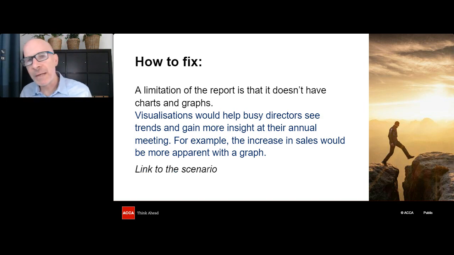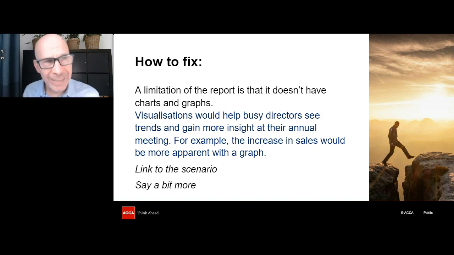So you must link to that scenario. Make your point, just say a little bit more. One thing that helps my students, when you go into that exam, just imagine that it is a business simulation. Imagine you're going for a job interview at an international management consulting firm, and you have been shortlisted, and they're going to decide who to hire based on the APM exam.